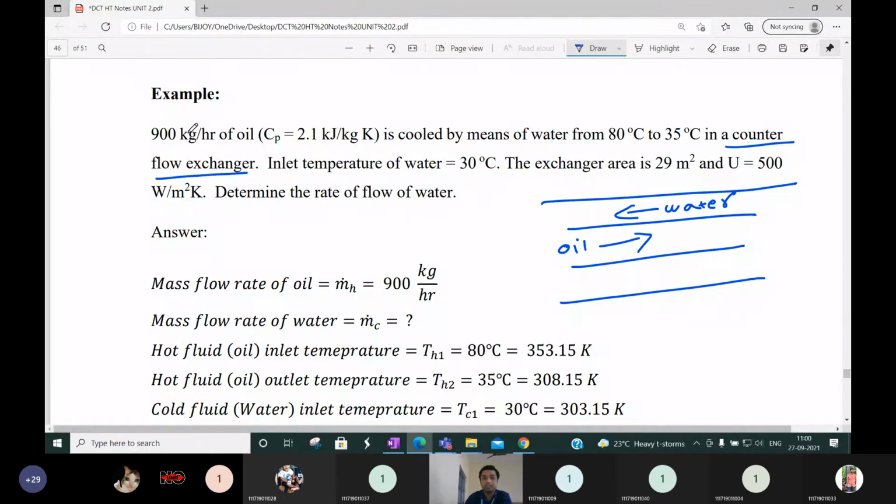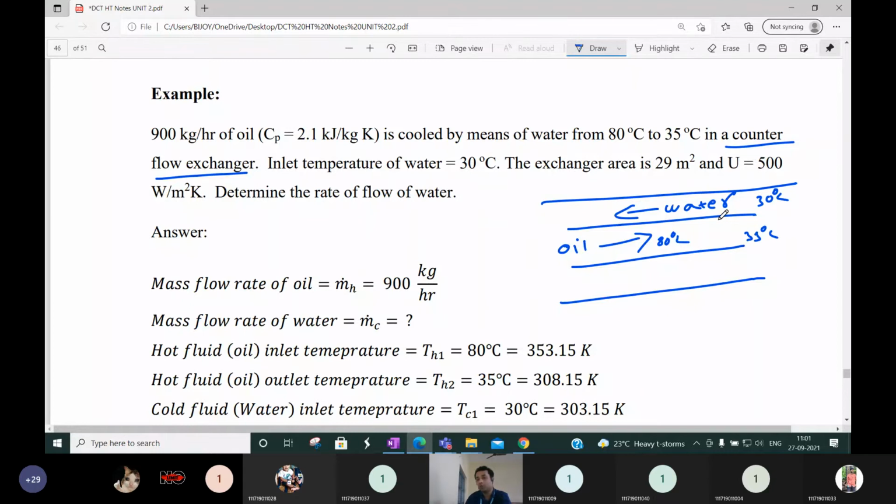And the flow rate of this oil is given. So this 900 kg per hour of oil is cooled by means of water from 80 degrees to 35 degrees centigrade. It means this oil is getting cooled from 80 degrees centigrade to 35 degrees centigrade. The inlet temperature of water is 30 degrees centigrade.